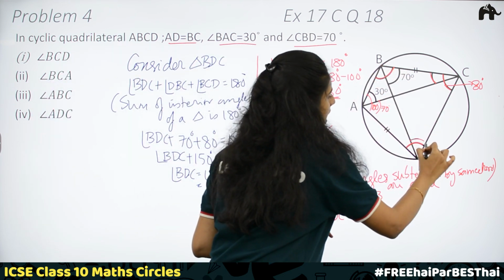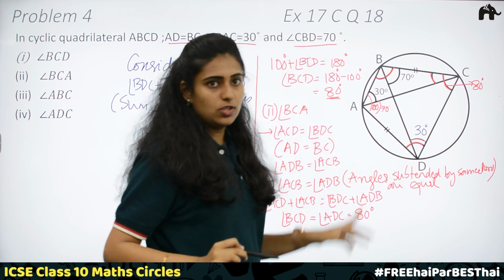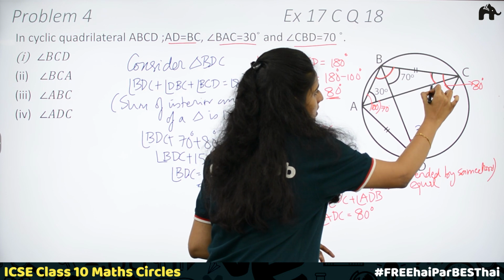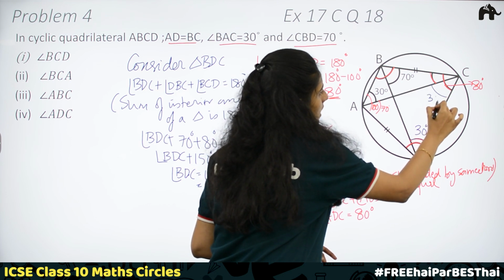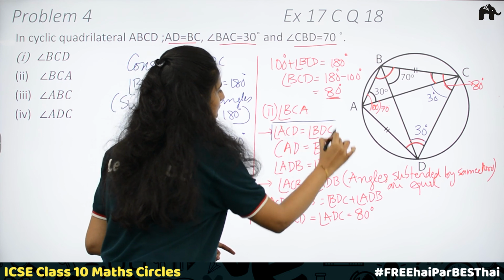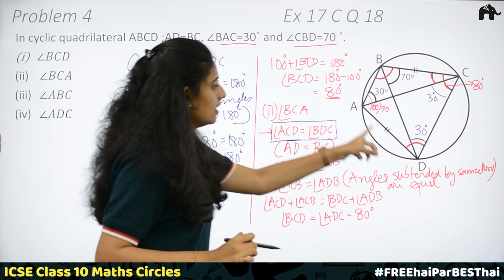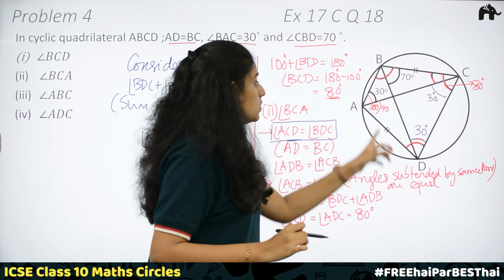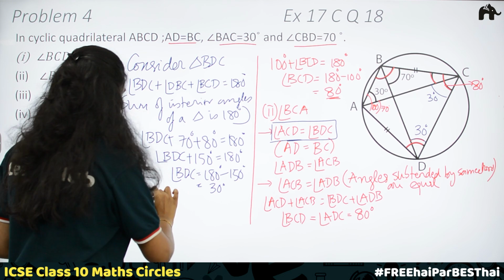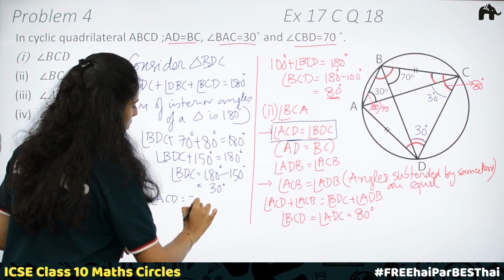BDC, this angle is 30 degrees. If this angle is equal to 30 degrees, then ACD, this part, will also be equal to 30 degrees. Here we have angle ACD is equal to angle BDC. What is the reason? Angles opposite to equal sides are equal. Okay. Now we got angle ACD is equal to 30 degrees.